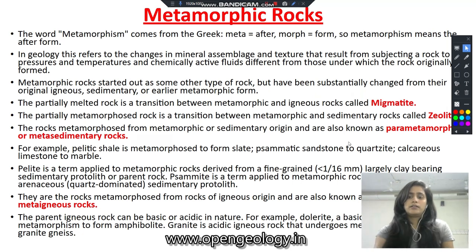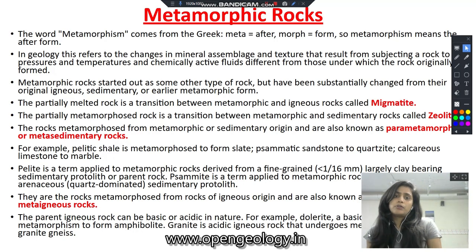So first of all, what is a metamorphic rock? The word metamorphism comes from the Greek words meta, which means after, and morphs, which means forms. So metamorphism means the after forms. The pressure and temperature applied on any rock, and the form that comes after that, that formation process is known as metamorphism.